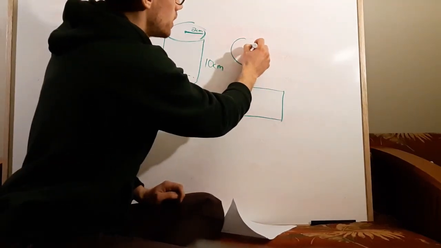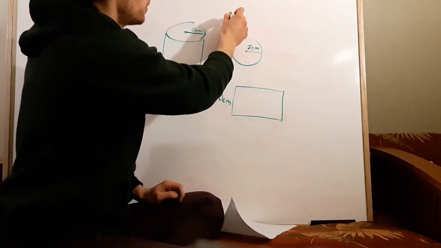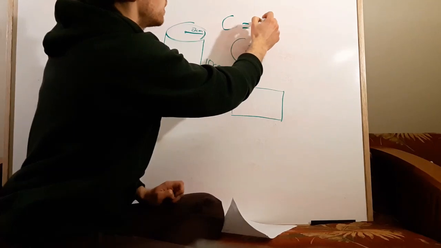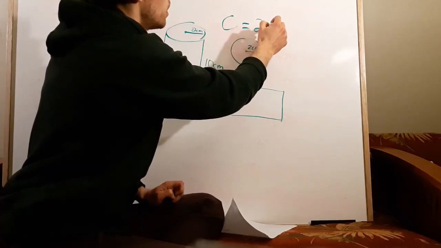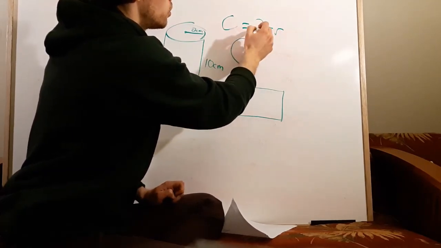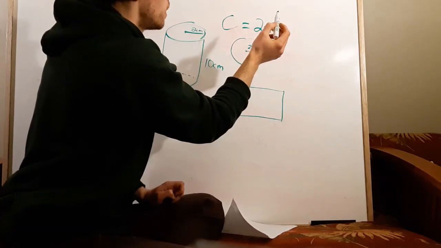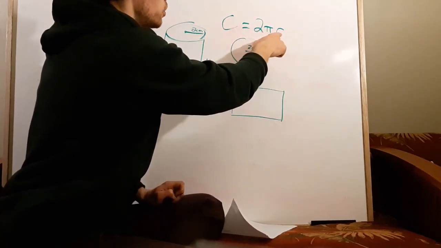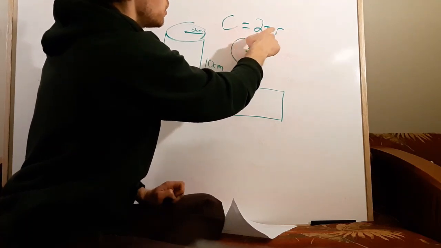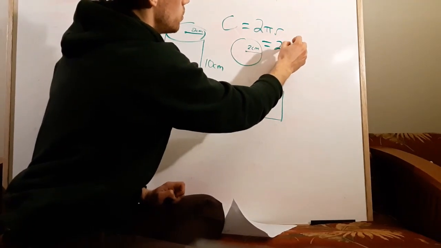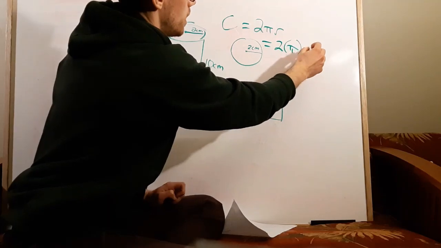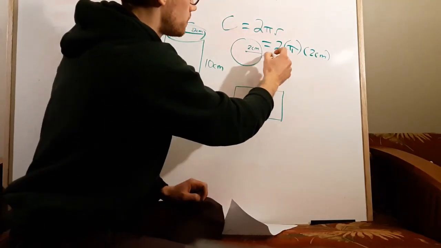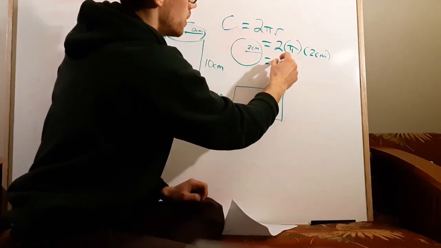So if this was 2 centimeters, how do we find the circumference? Well, the circumference, as the formula says, is 2 pi r, or 2 times r times pi. So in this case, because r is 2, we get 2 times 2 times pi, so that's going to be 2 multiplied by pi multiplied by 2 centimeters. 2 times 2 is 4.